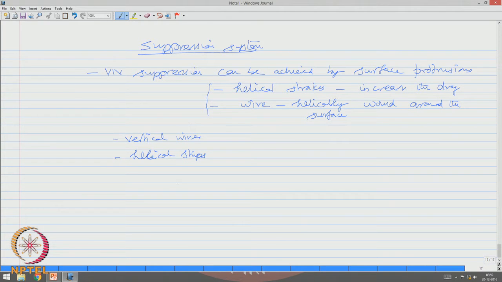So, essentially vertical wires are attached to the body at different positions.